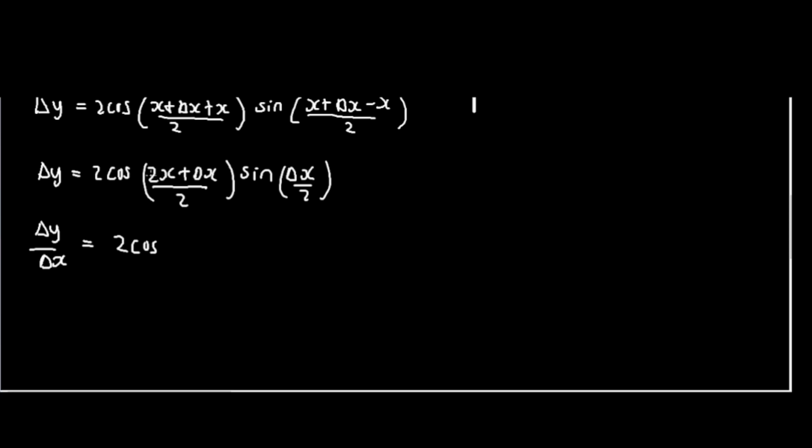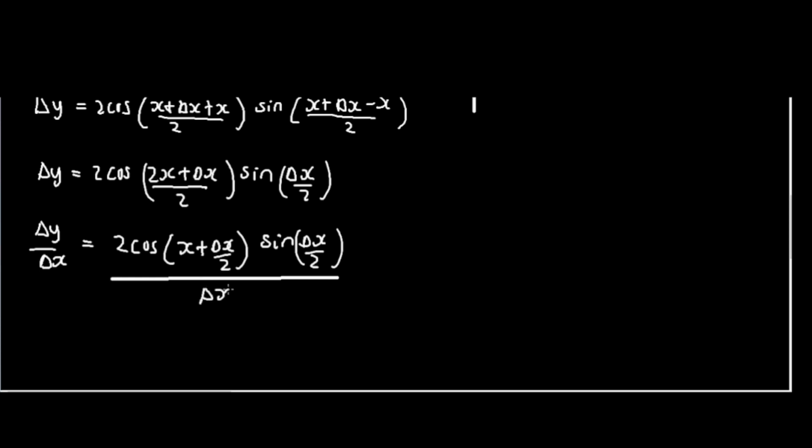Note that this is 2x plus change in x over 2, which is the same as x plus change in x divided by 2. Then we also have sine of change in x divided by 2, the whole of this expression divided by the change in x.